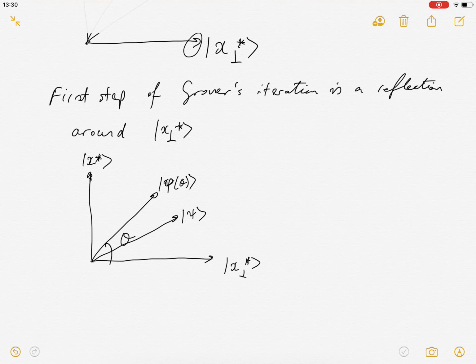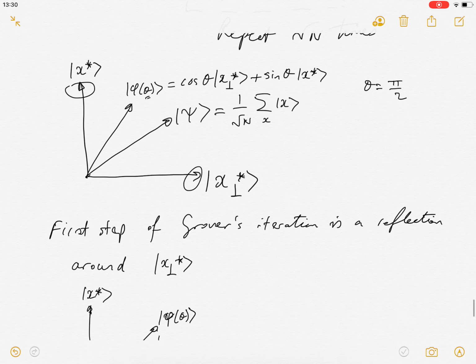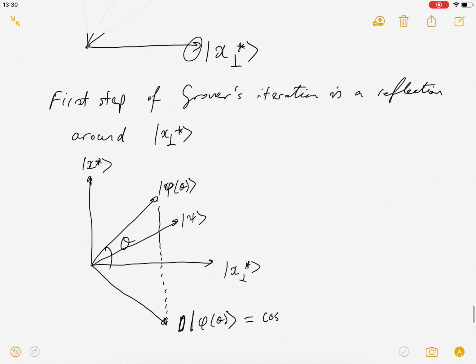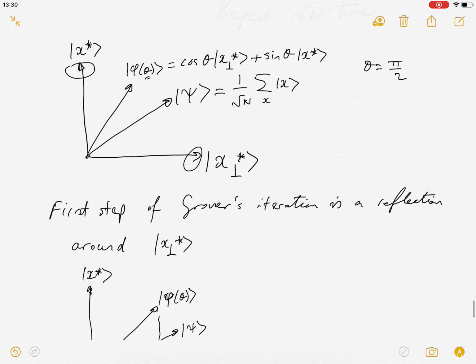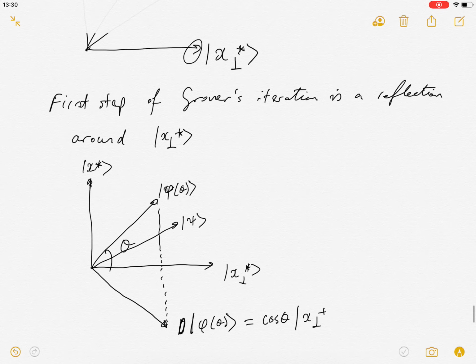Reflection around x perp star gives this vector. So this is the oracle O times the phi theta state, and that is equal to cosine theta x perp star minus sine theta x star.